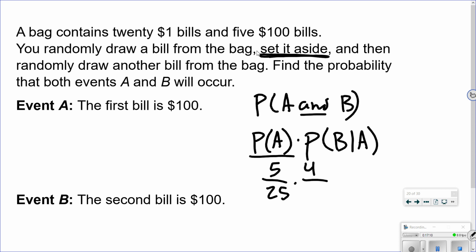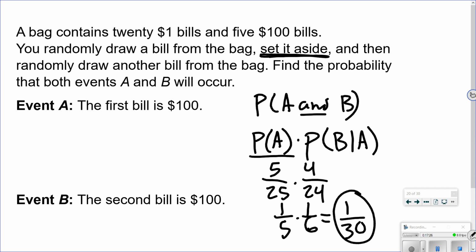And now instead of being 25 total, there's only 24. So if you multiply those together, that should give me my answer. So what's that? 1/5 if I reduce that. This one is 1/6. So you have a 1 in 30 chance of drawing out a $100 bill twice in a row, if you don't replace it. So again, it comes down to if it's dependent, you have to adjust that second number when you go through and find it.